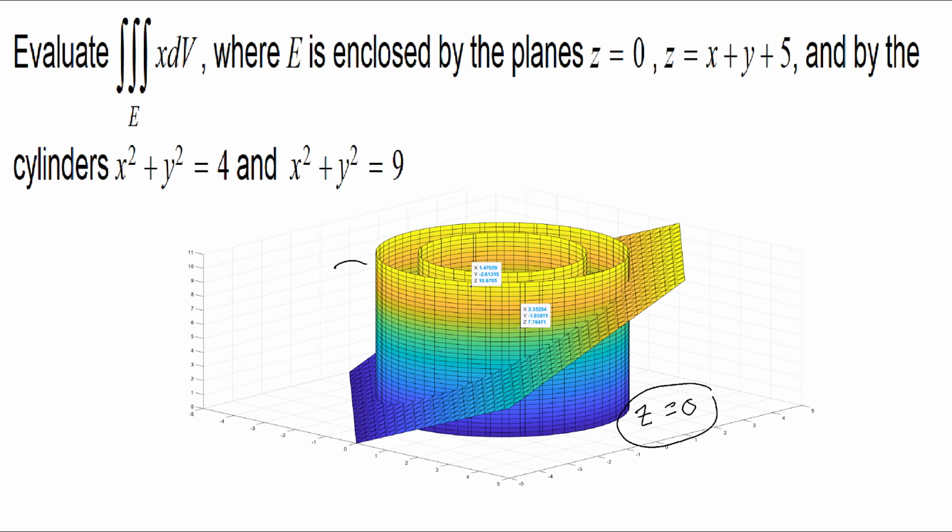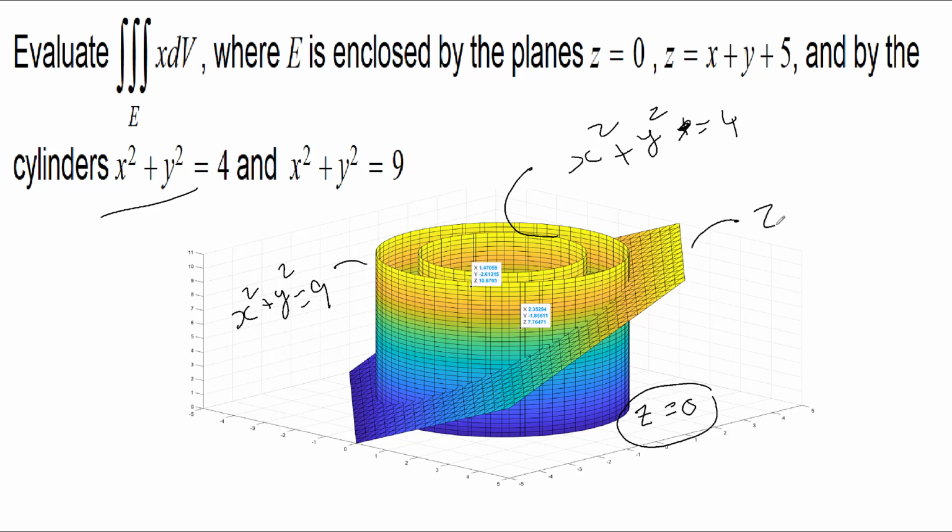And the outer wall is x square plus y square equals 9. And the inner one is, as you can read right here, x square plus y square equals 4. And this is z equals x plus y plus 5.